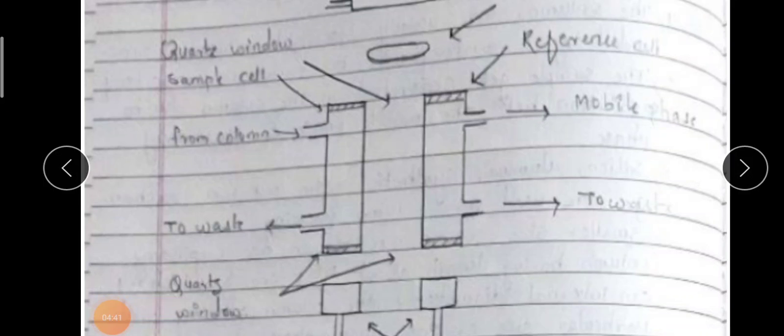Again the quartz windows are there. Whatever light strikes this sample as well as the reference comes to the photo cell, and it detects the intensity of the light. This UV visible detector is nothing but the spectrophotometer.